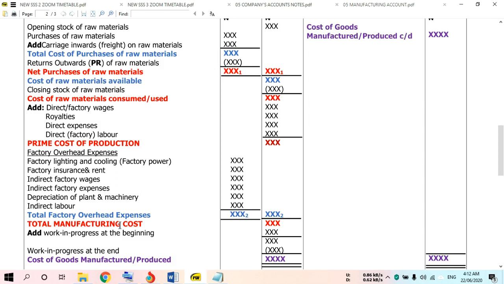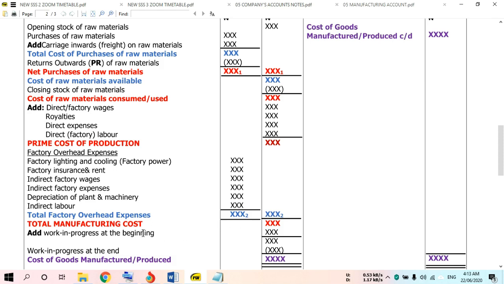So when you add your prime cost of production with your total factory overhead expenses, you get what we call total manufacturing cost.